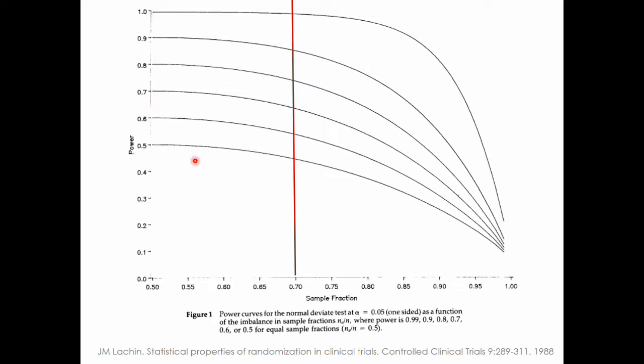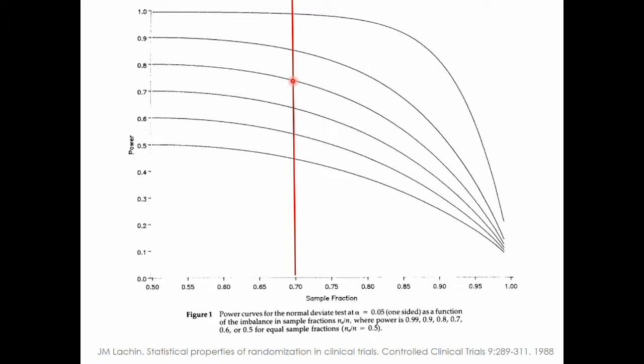All right, so what happens here? So we start off in the perfect situation here. If I start off in a study with power of 0.8, which is a pretty common number to design the study around, this is if my imbalance increases and increases. And what you see here is actually pretty flat. There's not a huge dip in power, even when we get out to an imbalance of 0.7.